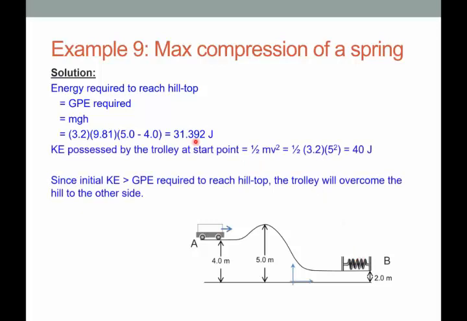KE possessed by the trolley at the start point is calculated to be 40 joules. So since the KE is greater than the GPE required to reach the hilltop, the trolley will be able to overcome the hill to get to the other side.